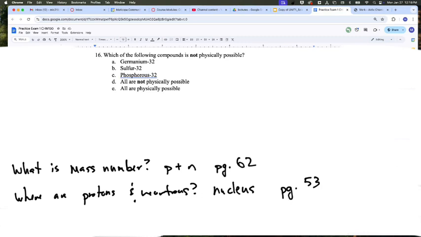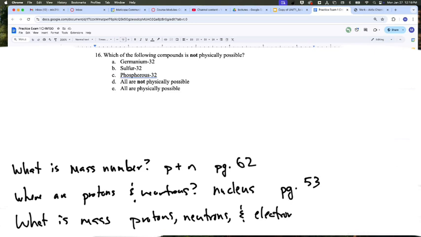For the record, please don't reference those pages. Those are made up numbers, I'm guessing. And then, what is the mass of protons, neutrons, and electrons? So respectively, 1, 1, 0. We'll call that page 53 also.